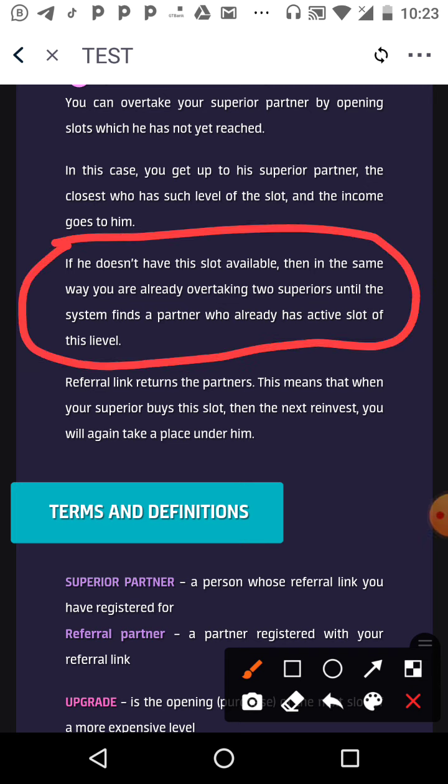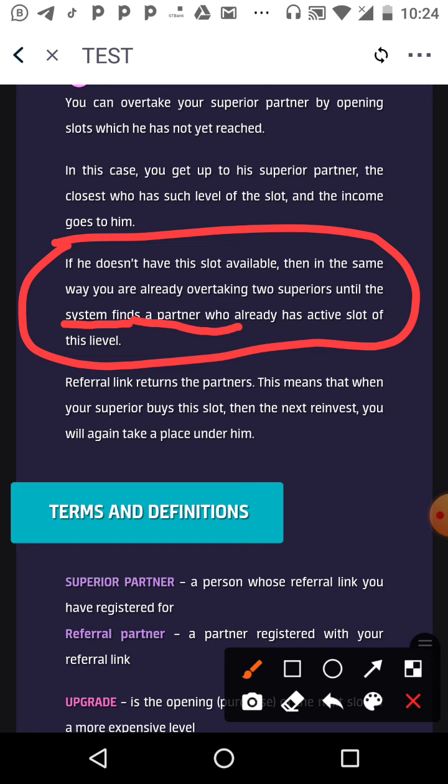Okay, let me read it again. If he doesn't have this slot available, then in the same way you are already overtaking to a superior until the system finds a partner who already has an active slot of this level.